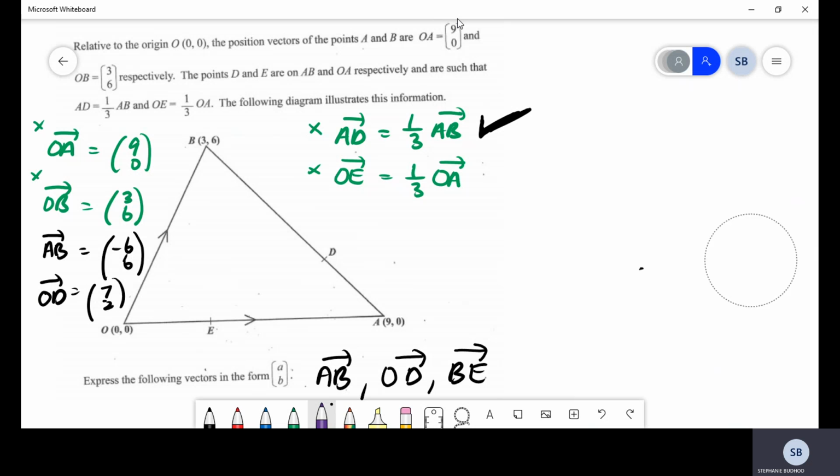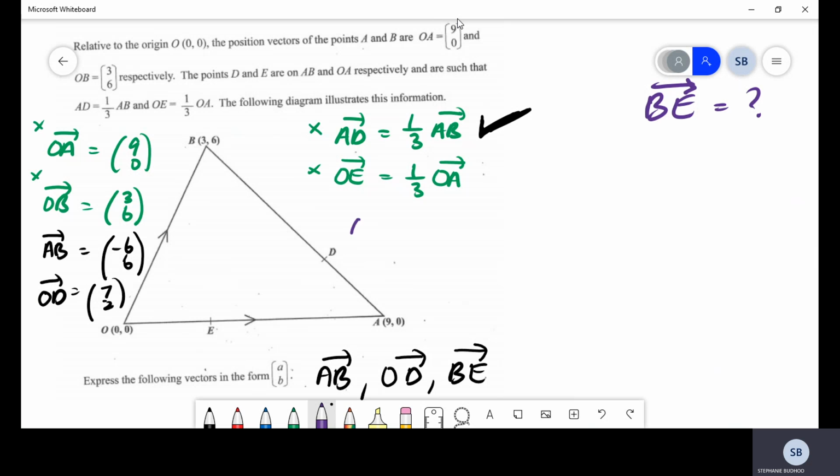So let's look at that final question there. They want us to find the vector BE. What is that going to be equal to? So I'm going to choose to just simply use what the question has given us. They have said that OE is equal to a third of OA.